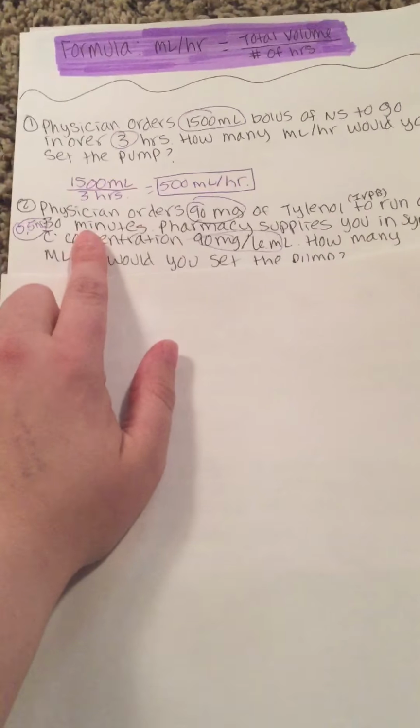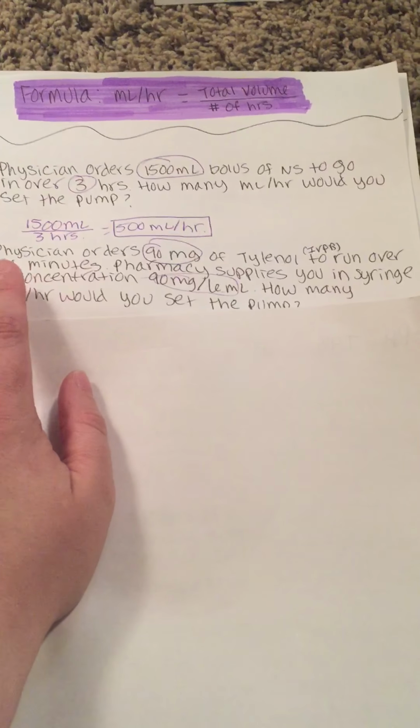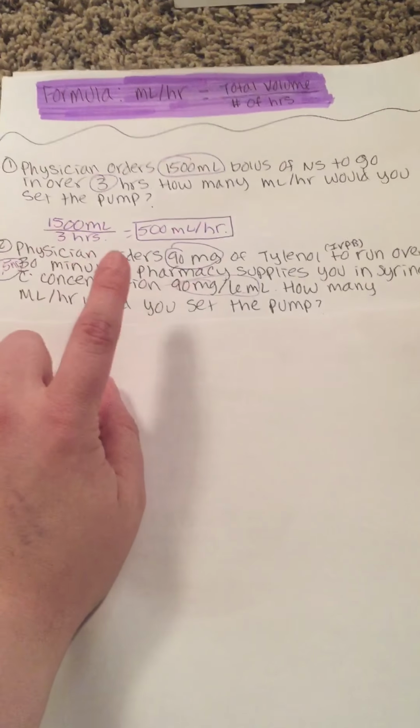Physician orders 90 milligrams of Tylenol IV piggyback to run over 30 minutes. Pharmacy supplies you in a syringe with a concentration of 90 milligrams per 6 ml. How many milliliters an hour would you set the pump? Here's your order, and you want to make sure to note that it's running over 30 minutes.